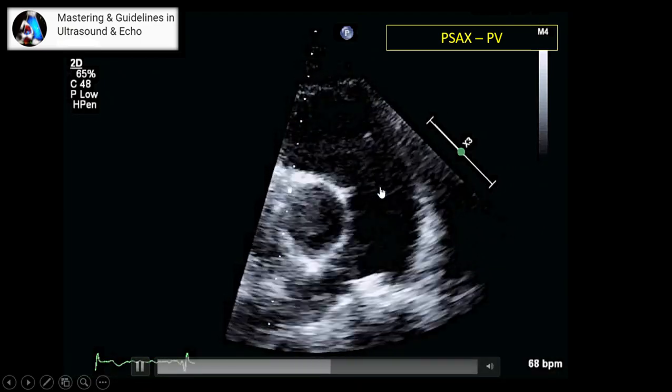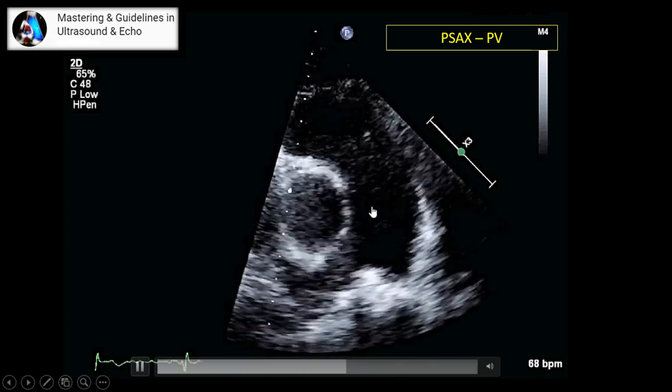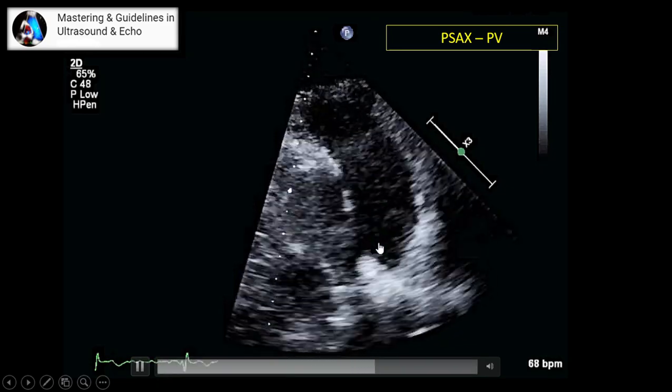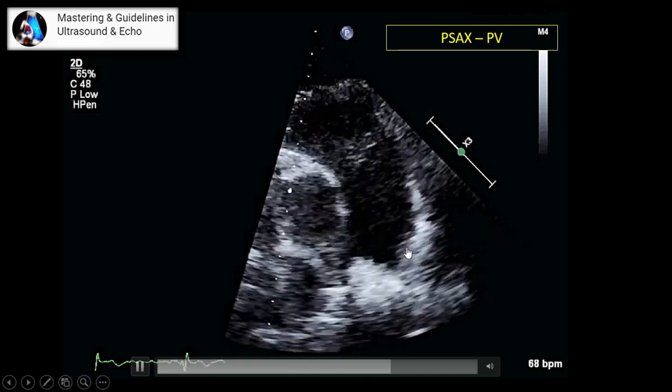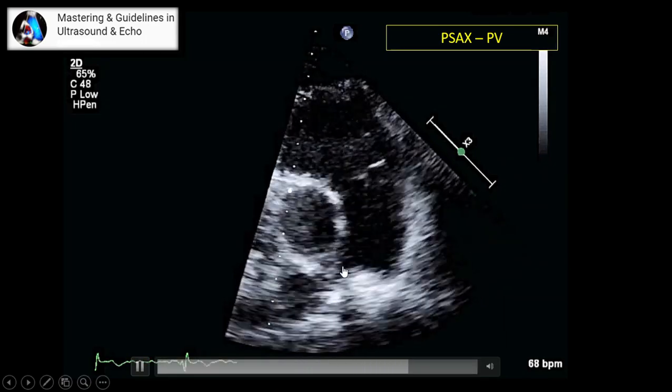When it starts showing up, if you want to open the pulmonary artery completely, and even the saddle of the pulmonary, the spot that is branching, dividing the pulmonary artery into the right and left pulmonary artery, just twist a little more clockwise, and suddenly you will see those two branches.